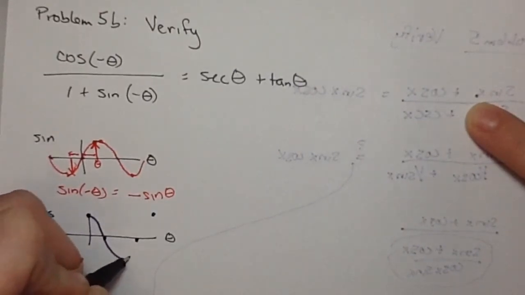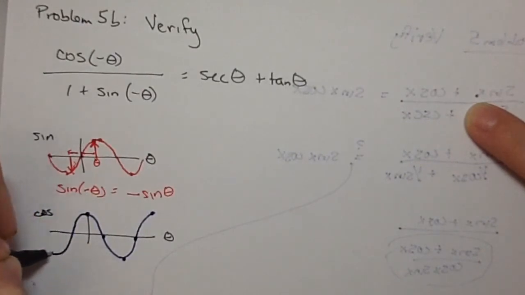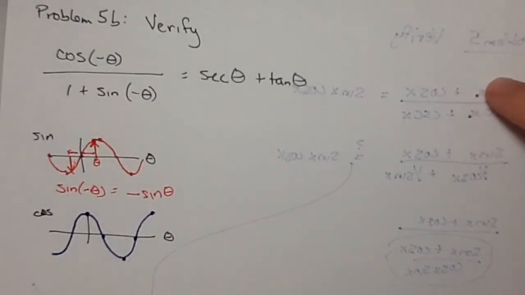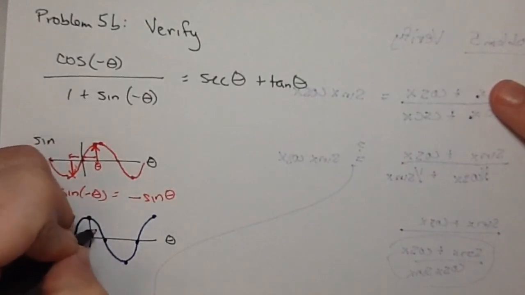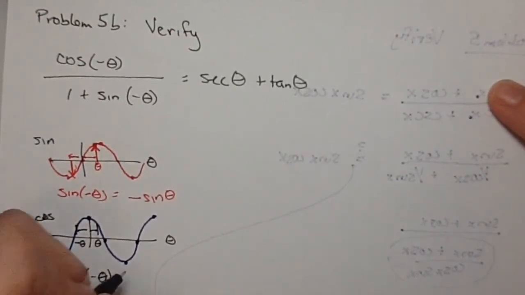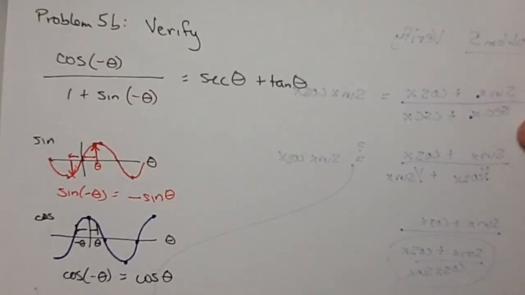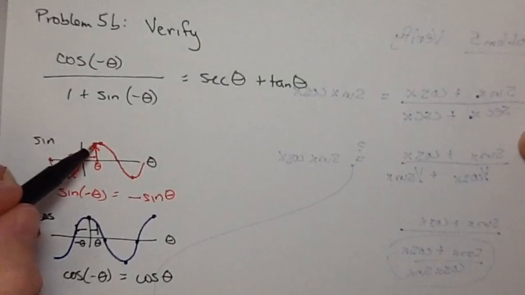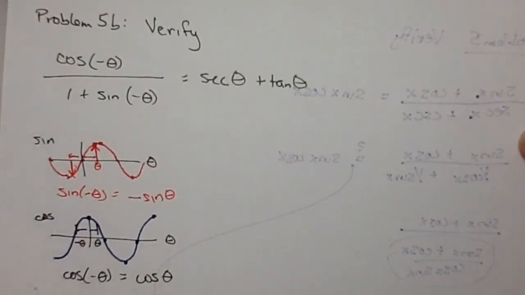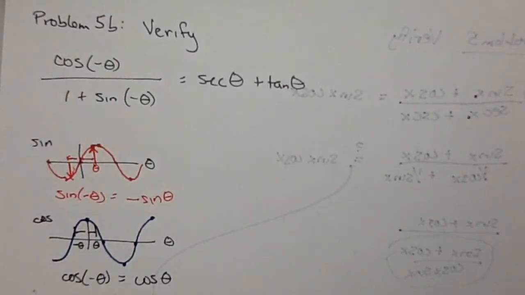So, like this. And like that. So if we come to some positive value theta, or go to some negative value negative theta, we can see that the cosine of negative theta is the same as cosine theta. So guys, they're different. This is an odd function, this is an even function. But if you're ever at a loss on a quiz, just draw a little graph.